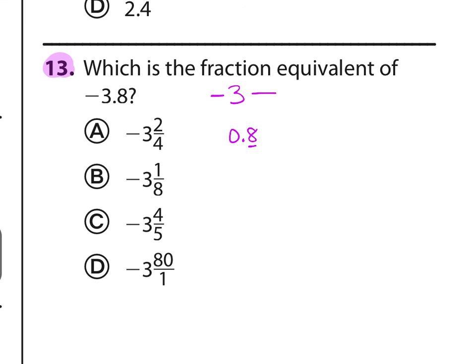I look at the place value of that 8, and I say that's 8 over its place value, 10. And then we can just reduce it. 8 and 10 will both divide by 2, since they're even numbers. And we get 4/5. And so I get negative 3 and 4/5, which is answer choice C.